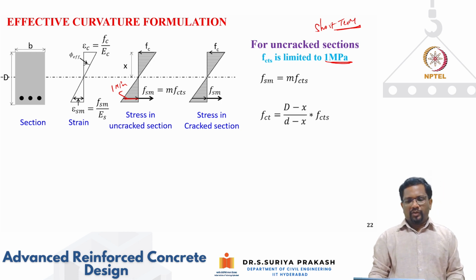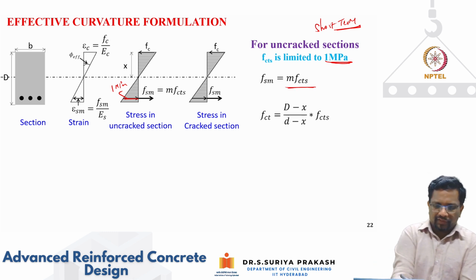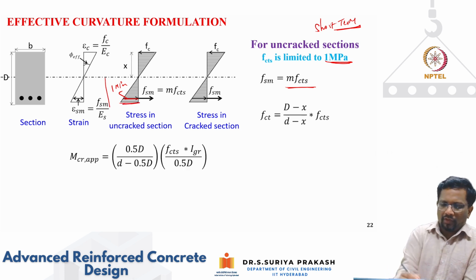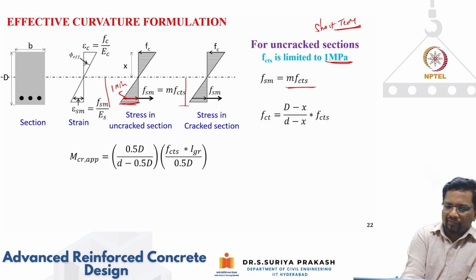Okay, so once you fix that, now FSM is going to be modular ratio times FCTS. Now if I fix this as 1 megapascal, what would be this level stress? You can find that this distance, at the level of steel, is basically d minus x.